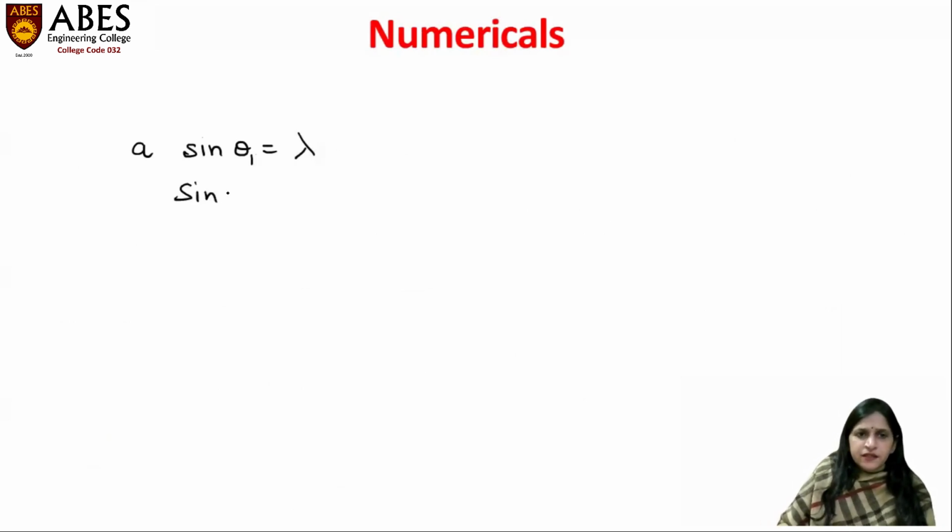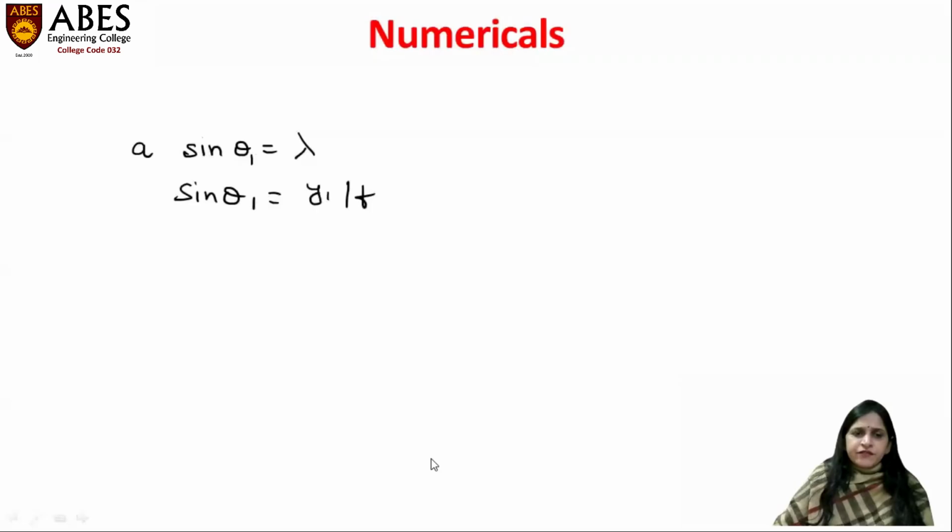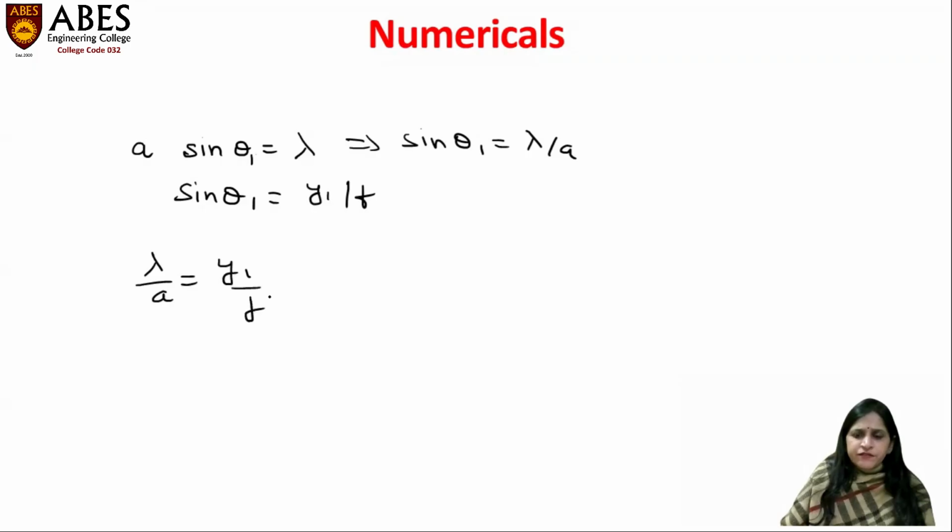Sine theta 1 is equal to Y1 by f, which we write with the help of this diagram. From the above equation, sine theta 1 is lambda by a. If we equate the two, lambda upon a is equal to Y1 by f. So Y1 is equal to f lambda upon a.